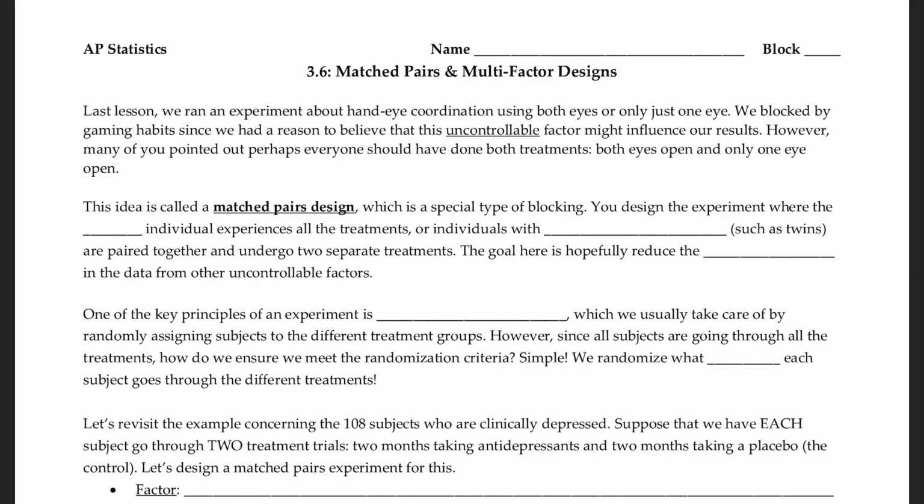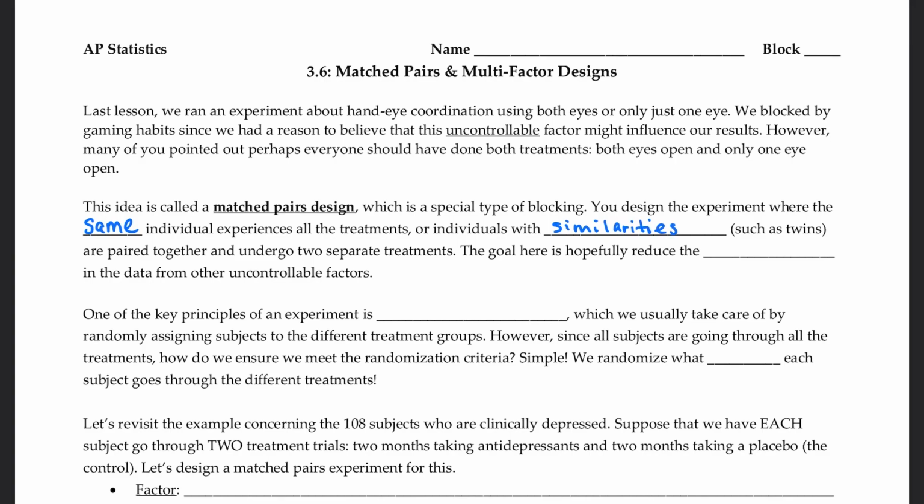It's technically a special type of blocking. We design the experiment so that the same individual experiences all the treatments, or sometimes matched pairs use not the same individual but individuals with similarities.